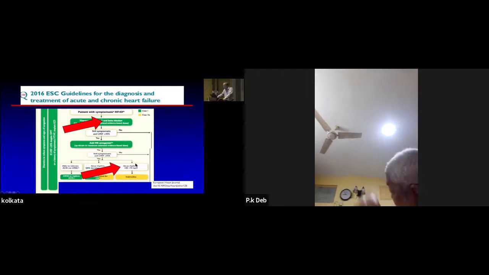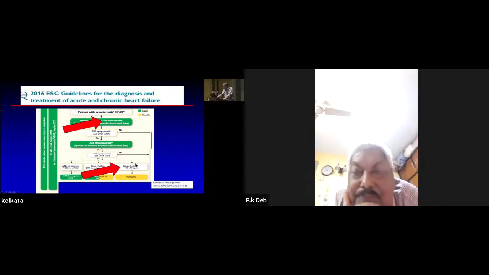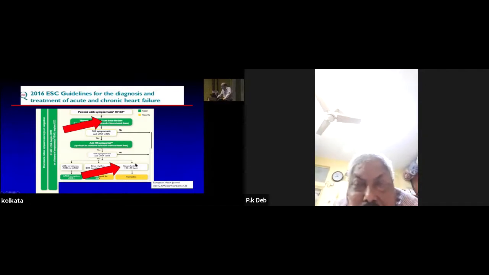If the patient is still symptomatic with a low ejection fraction, what do you do? Then you go for another molecule, again, provided the patient is in sinus rhythm, which is very important, and on top of that you give ivabradine to improve the outcome. So that is how you add on therapy when you get a case of heart failure with reduced ejection fraction.